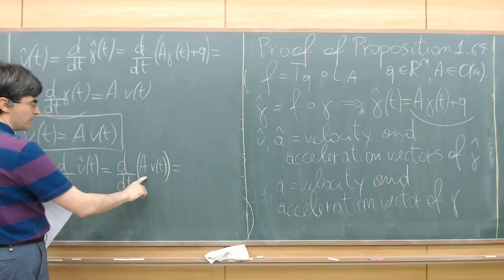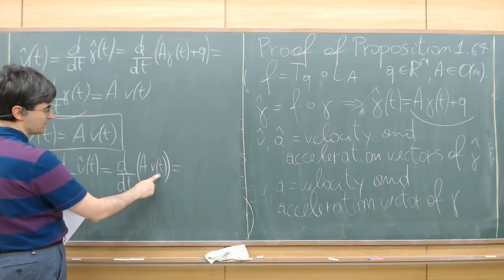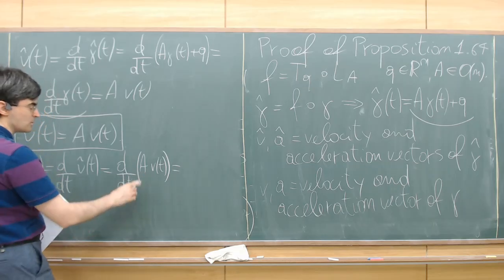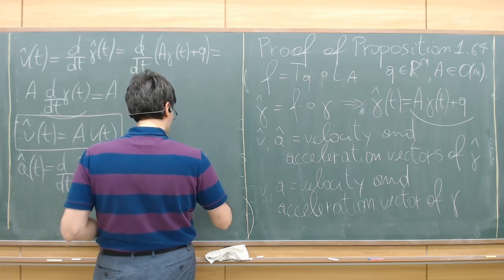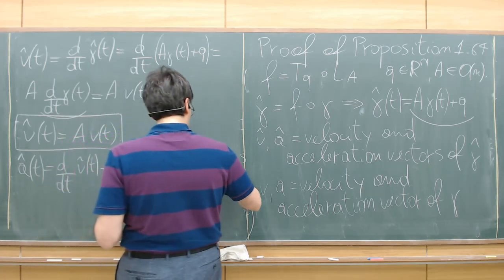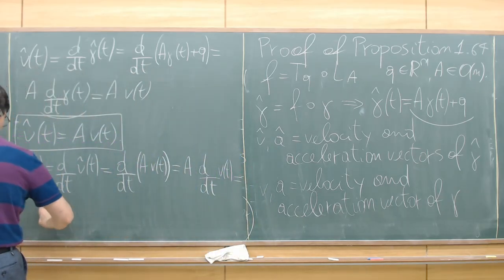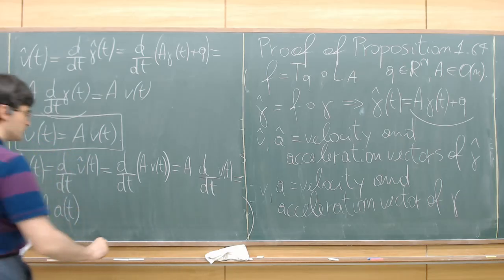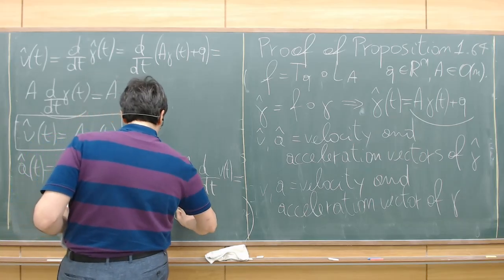Once again, I have a product of a constant matrix and a vector, and I want to compute the derivative of this product. Since A is a constant matrix, I get A d/dt v of t, that is A times a of t. So we proved that a hat of t is A times a of t.